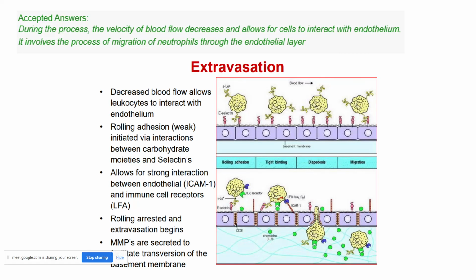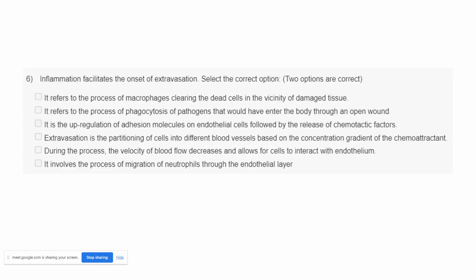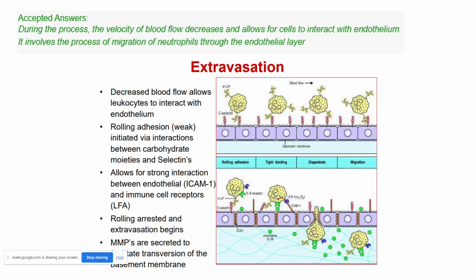But the third option, that is, it is the upregulation of adhesion molecules on endothelial cells followed by release of chemotactic factors, is also correct. So if you guys have gotten this option as wrong, then you guys can put in the forum regarding this option, because even I think that the third option and the last two options are correct. All the three options are correct.